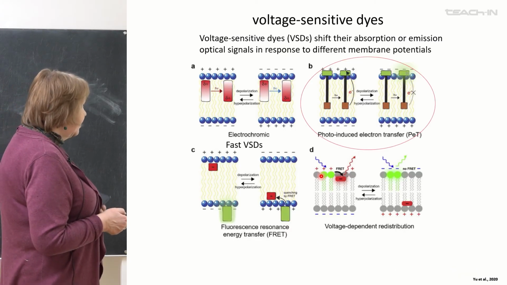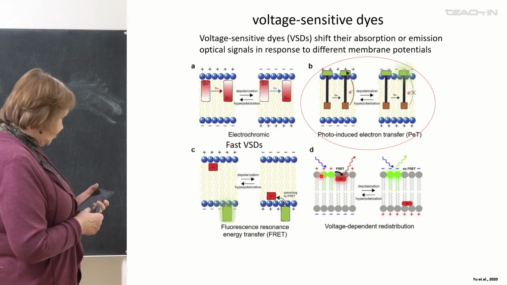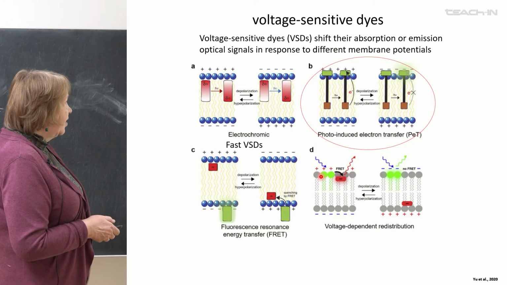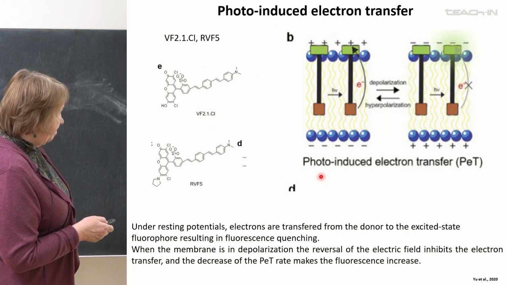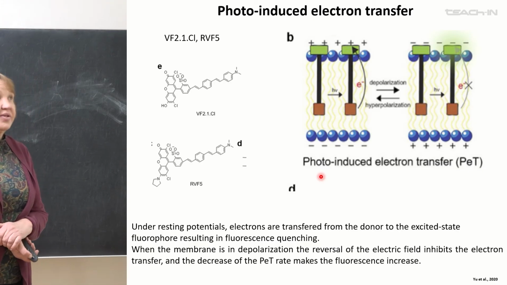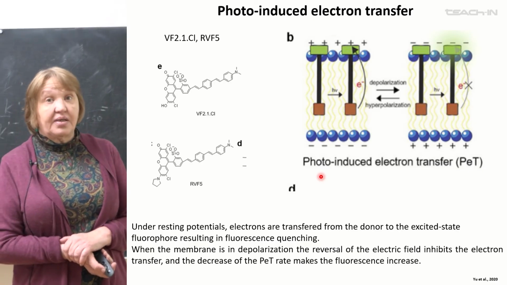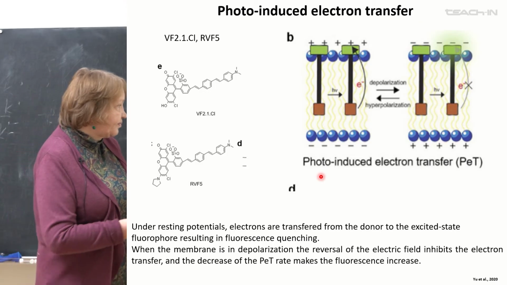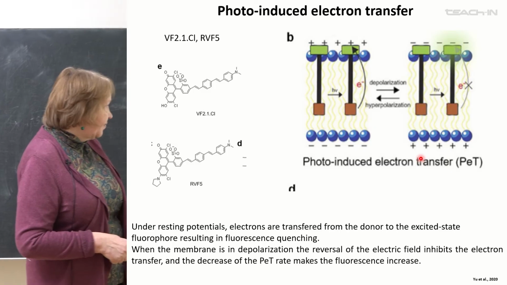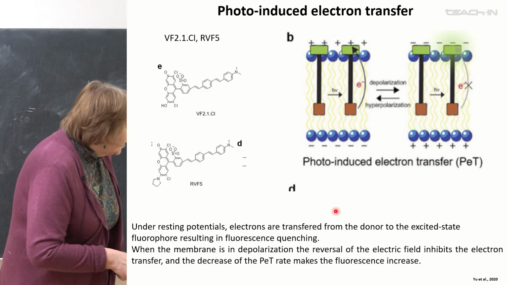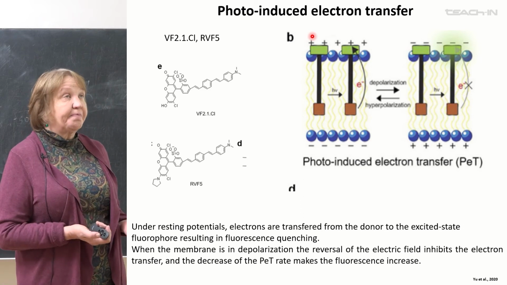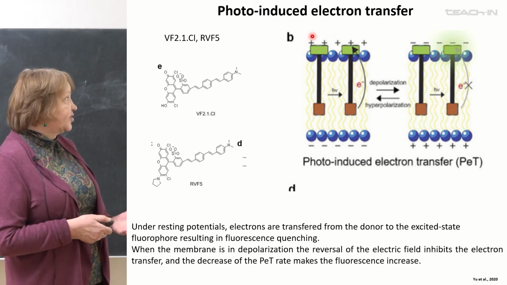And so photo-induced electron transfer. The story is that under resting potential, the electron is transferred from the donor to the acceptor, and the fluorescence is quenched.